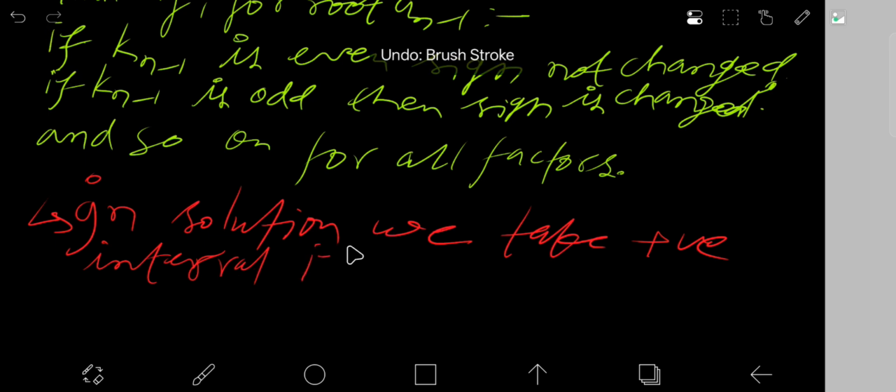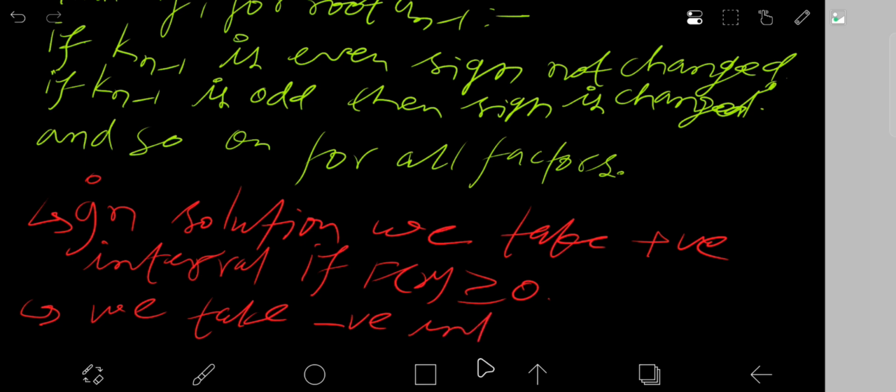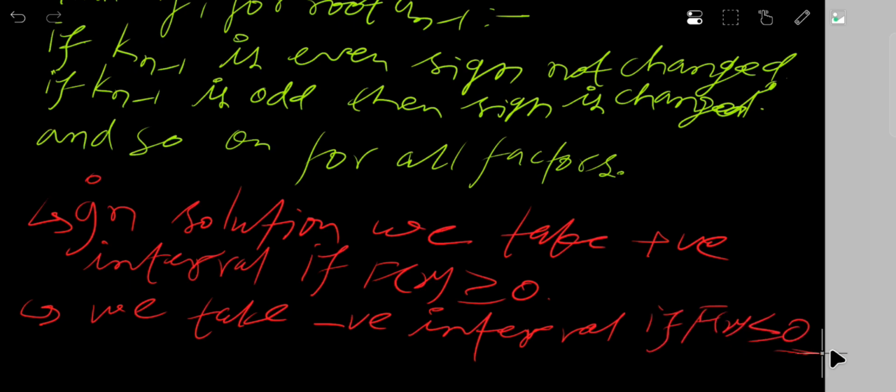If f of x is greater than or equal to 0, then we take the positive interval. But in the second condition, if f of x is less than or equal to 0, then we take the negative interval.